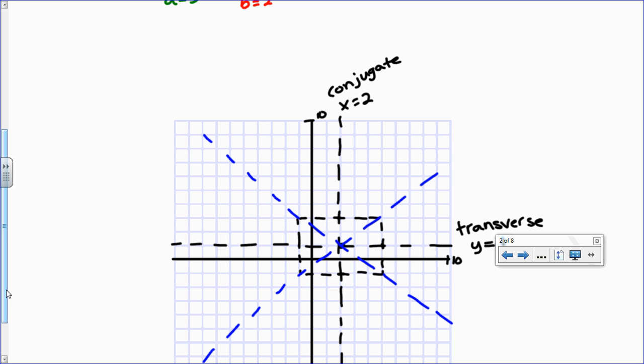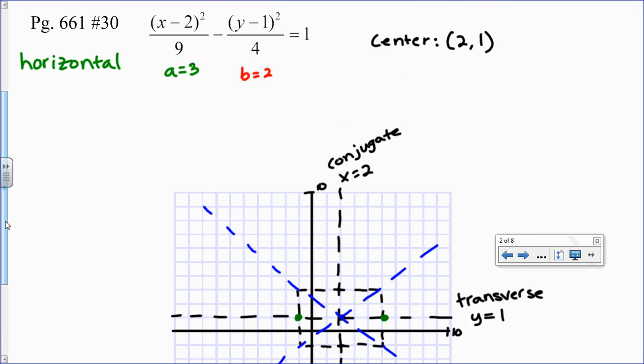All right, so since this is a horizontal hyperbola, then the vertices are on the horizontal edges. I have vertices at -1, 1, and 5, 1.